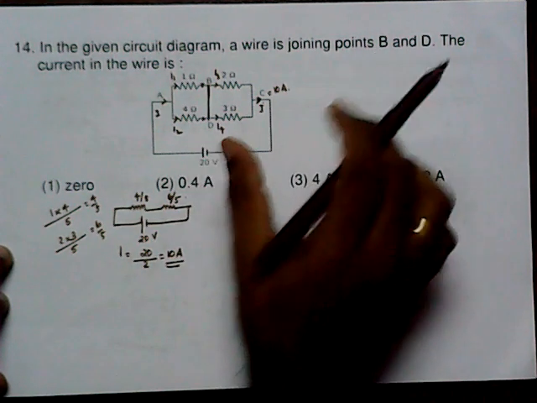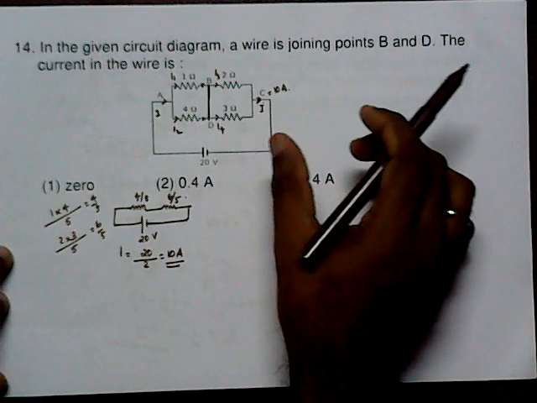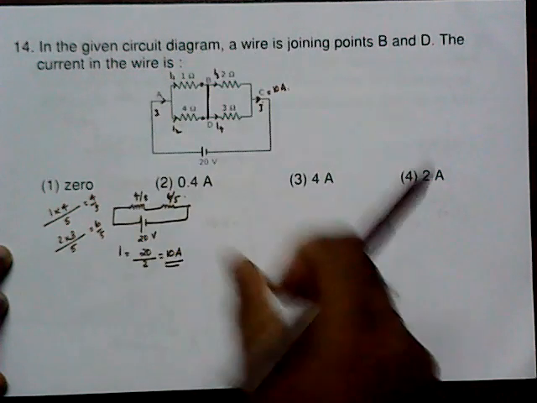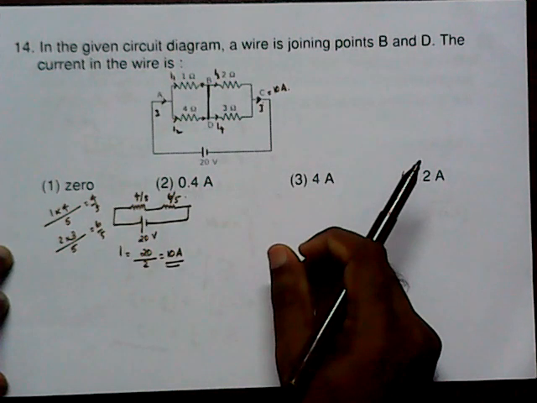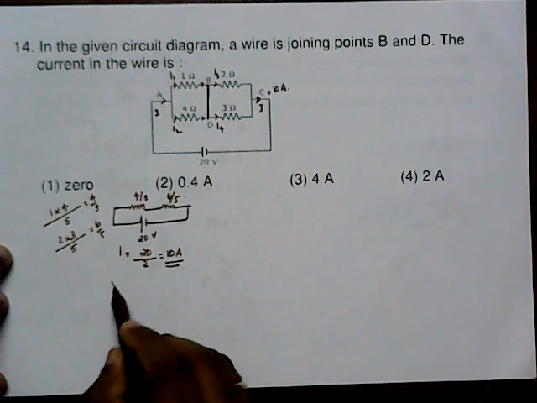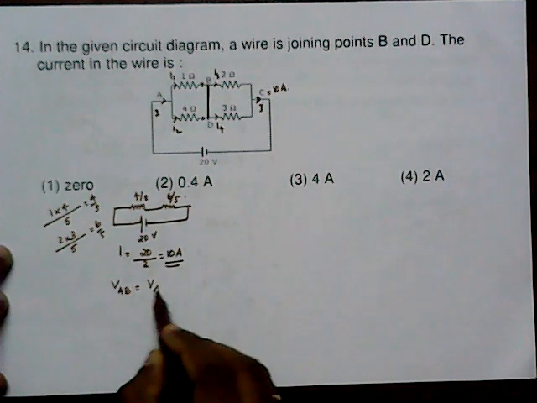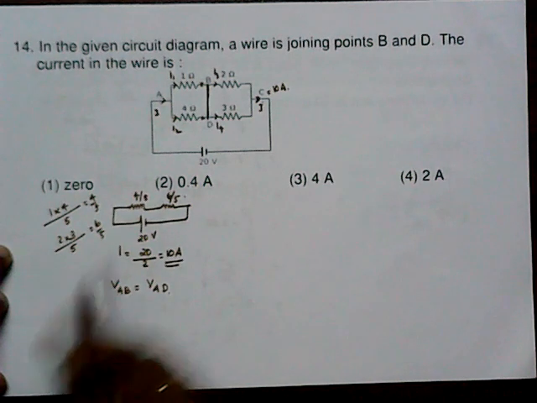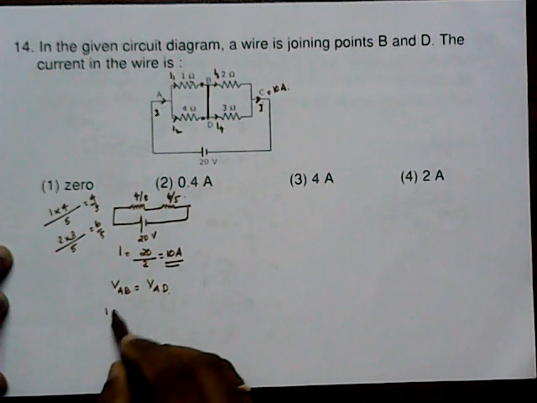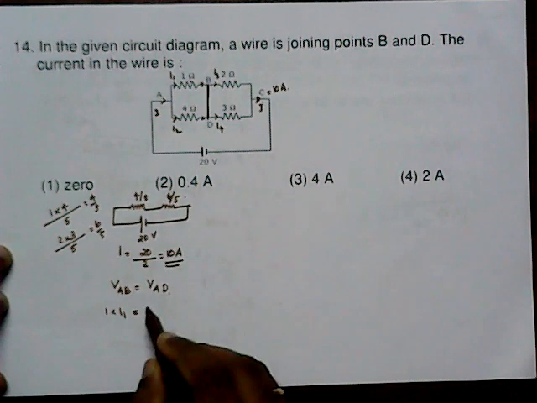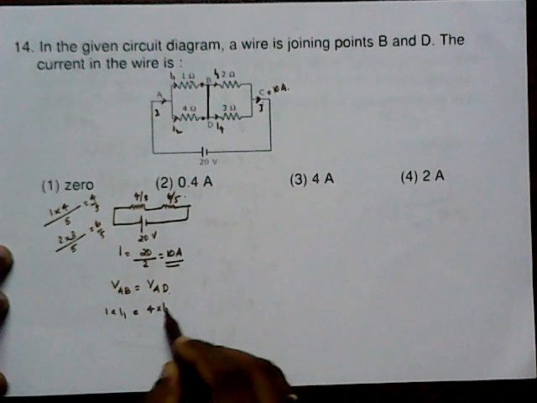Based on that concept, the potential across this much should equal the potential across this much. That is very important. VAB should equal VAD. Here there is a 1 ohm, so 1 into I1 should equal 4 into I2.